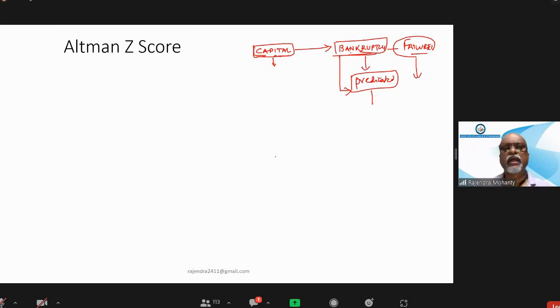But in the year 1968, there was a professor named Mr. Edward Altman. He looked at the different types of metrics being used to predict these things. So he developed a model called the Altman Z-score. What he did was basically combine all things.